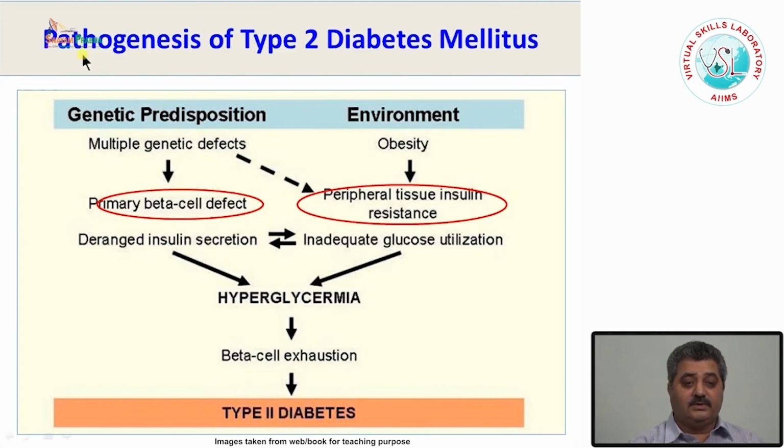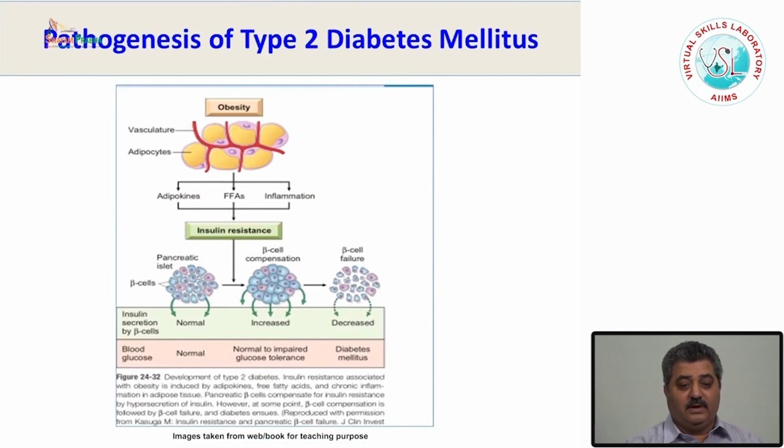So this chart shows the pathogenesis of type 2 diabetes, which may be an environmental factor, which may be obesity, or maybe some genetic factors, which ultimately lead to insulin resistance and dysfunction of the beta islet cells, leading to hyperglycemia and type 2 diabetes.